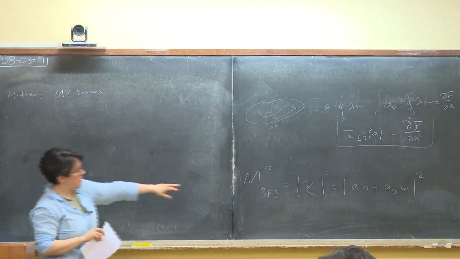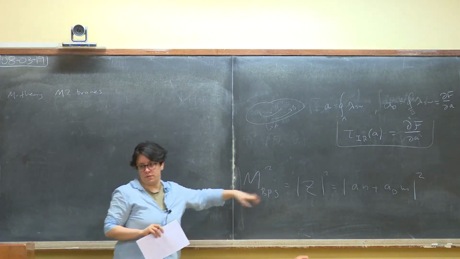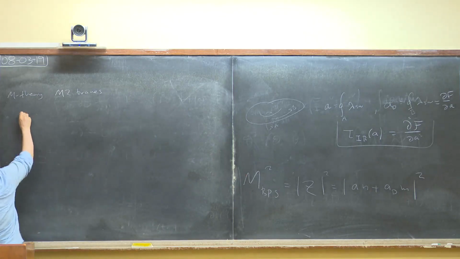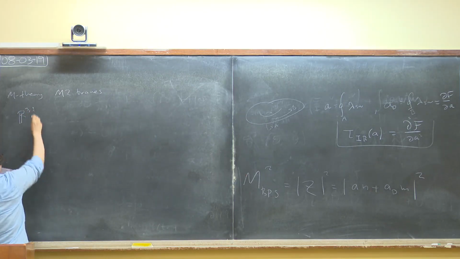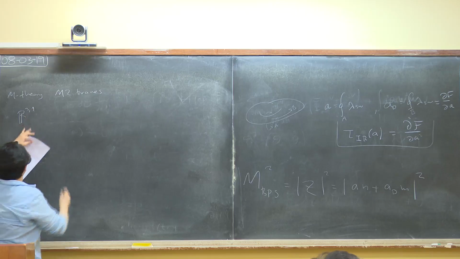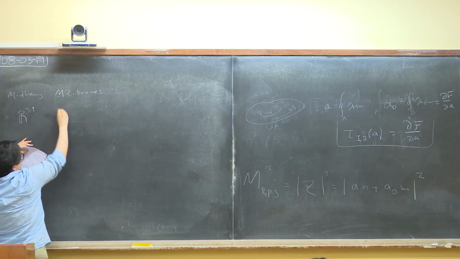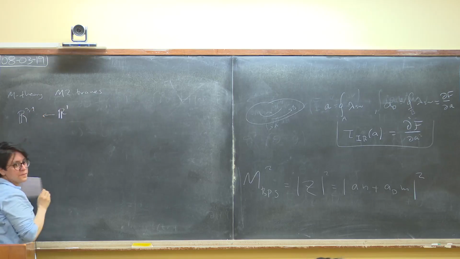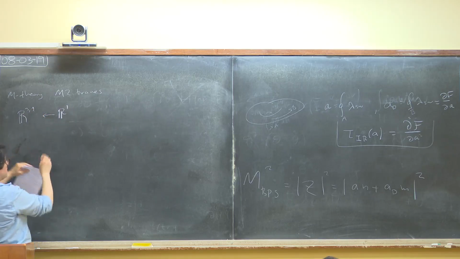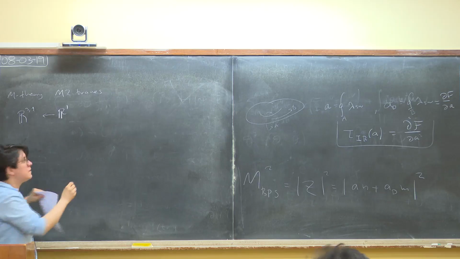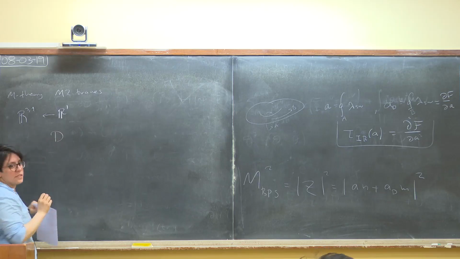In order to describe these point particles, there is some space where the gauge theory lives. The M2 will have an R1 here, and what is left is something that is two-dimensional. Let me call it D, some type of disk.